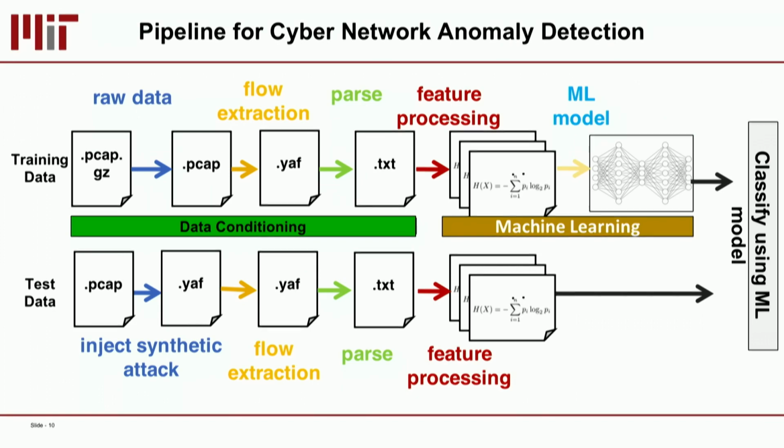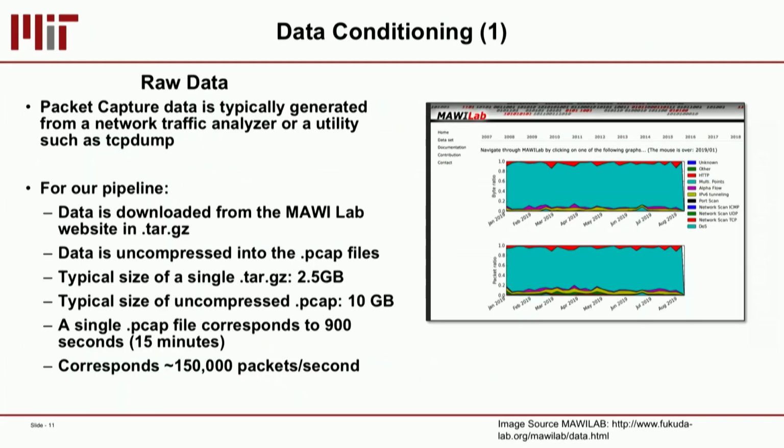For those who are familiar with packet capture outputs, that's the binary format that comes from something like tcpdump, for example. We then convert that pcap file into flows, parse that into human readable form, feature engineer, train a machine learning classifier, do the same thing with the synthetic data, and then get good results. Or we hope that you get good results.